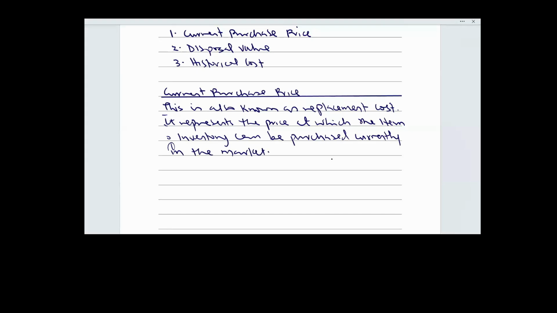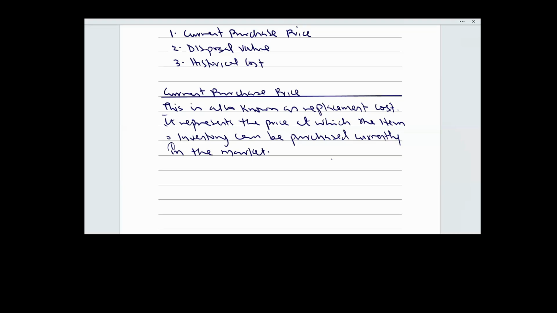So when you talk about current purchase price, let's say, for example, as a manufacturing company, you are going to need raw material to produce. So when you need the raw material, what do you do? You go to the market and buy. So the price at which you buy the material in the market is what is known as current purchase price or replacement cost.